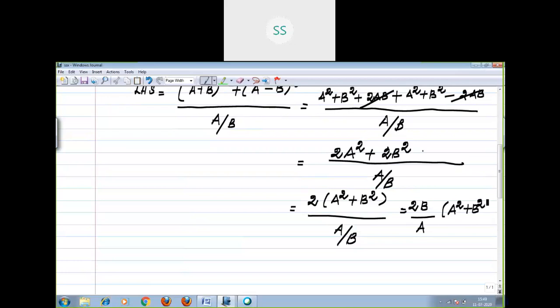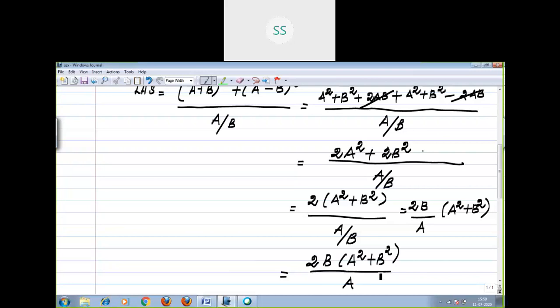You can put the whole thing divided by a, that means 2b into (a square plus b square) divided by a. For your understanding, I will write one more step. Nothing is wrong: 2b, because it is a multiplication format, into (a square plus b square), the whole thing divided by a.